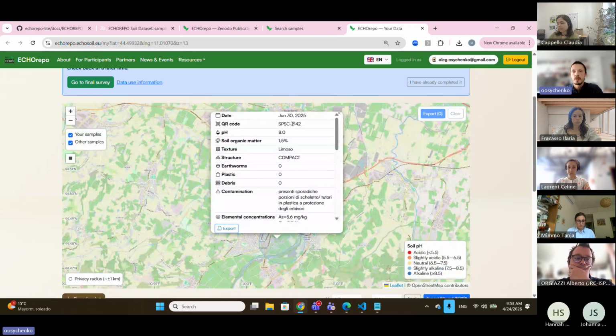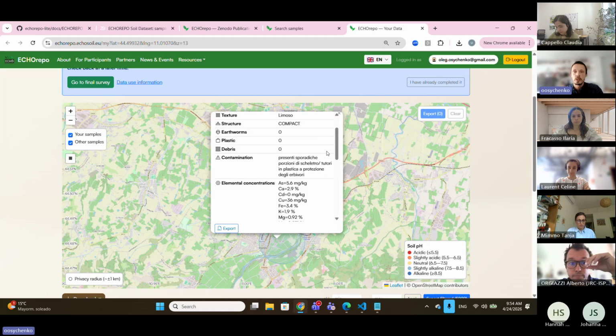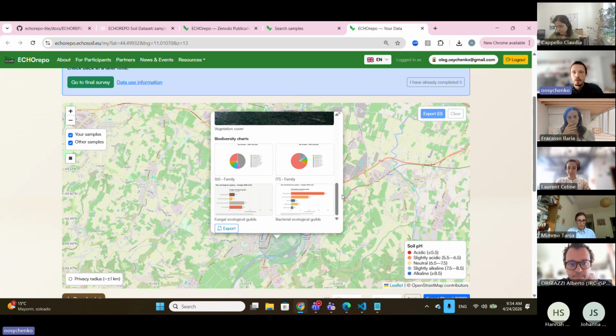Yes. So I took this one in particular because this sample contains data for the biodiversity analysis, and this is how you might assess this, in accordance with what Ilaria explained before. At the bottom of the pop-up, you might find all these four graphs that were shown regarding the analysis for 16S and ITS barcodes for bacteria and fungi, and also for ecological guilds.